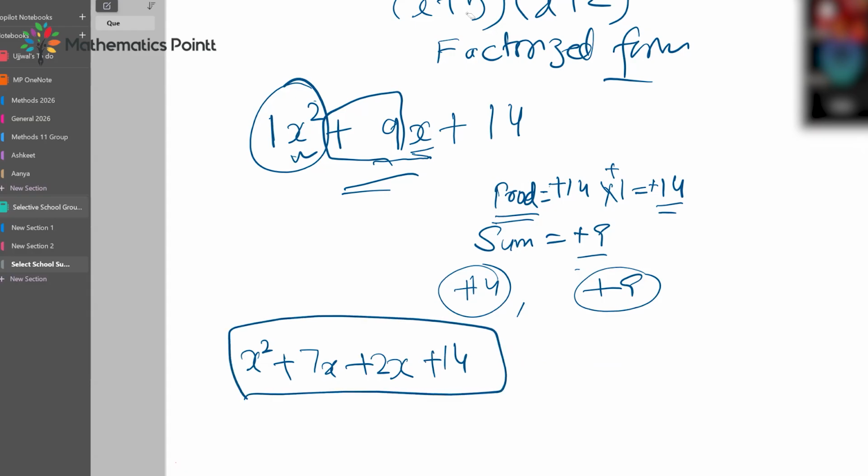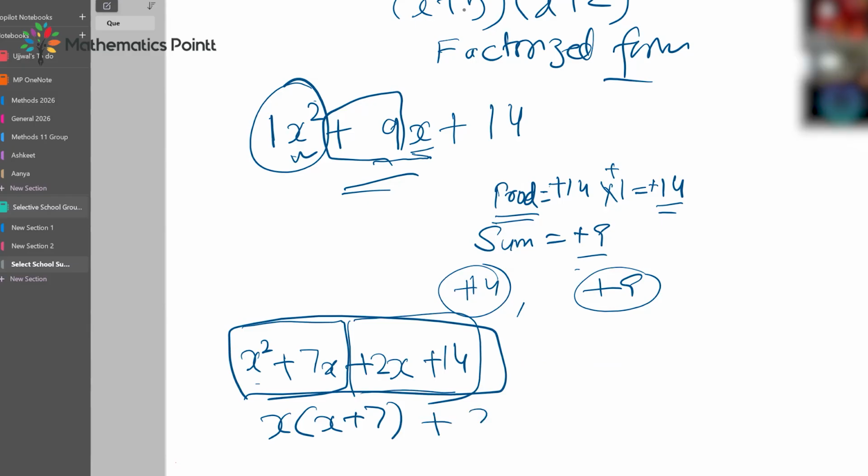Now I just group them in pairs, first and the second. Pull the common factor out of the first two. X is out. X plus 7 is inside. Pull the common factor out in the second pair. 2 is the common factor. X plus 7.